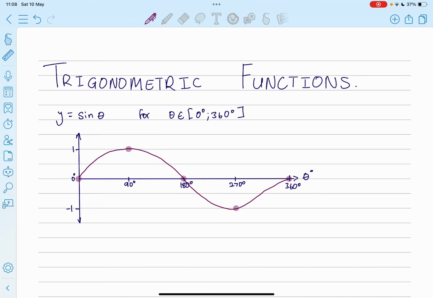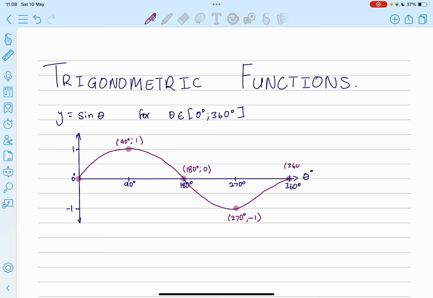Let me just indicate the critical values. This is at 90 degrees and 1. This is 180 degrees and y is 0. This is at 270 degrees where y is -1.